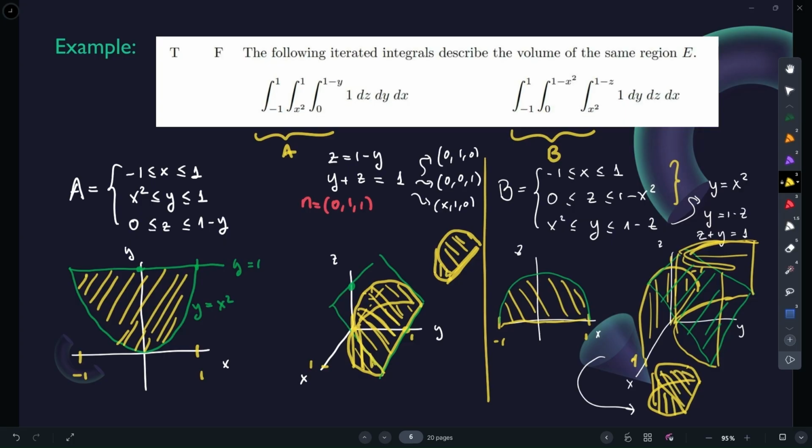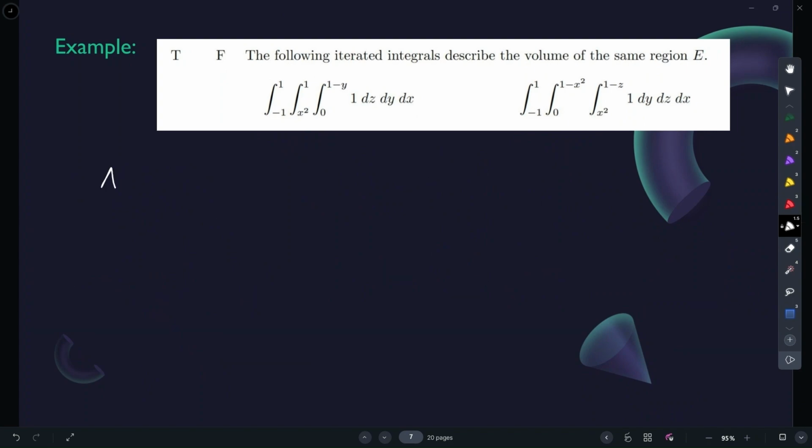Let me try to figure out, just by looking at both descriptions, that it is in fact the same region. Right. So again, the region A is given by -1 up to x up to 1.